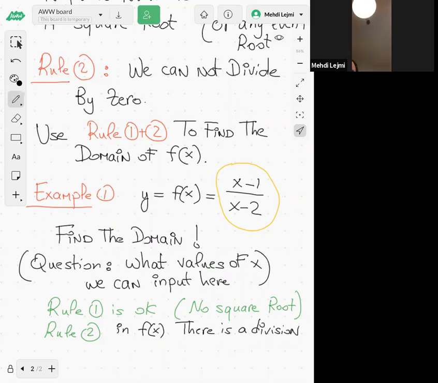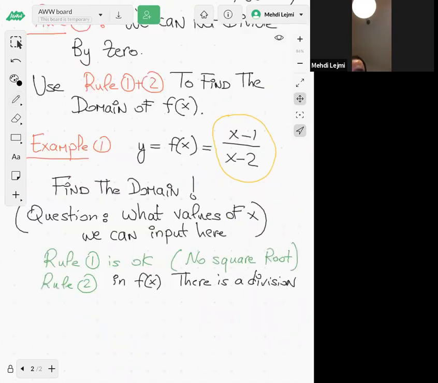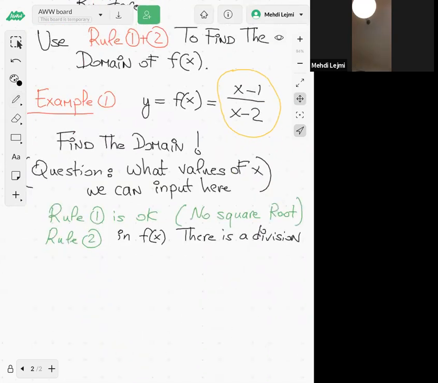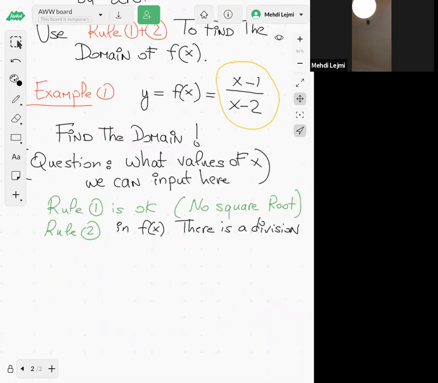Yes, Rabiul, yes, absolutely, you're right. That's the idea. So there is a division, and we said we cannot divide by 0. So we have to make sure that we don't divide by 0.